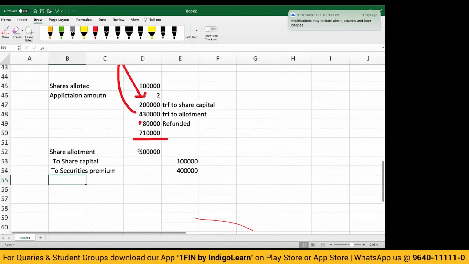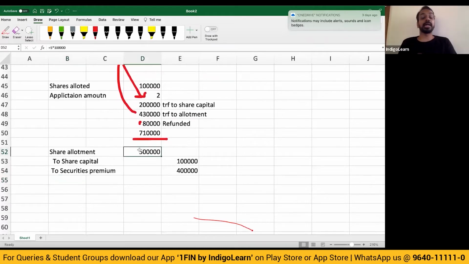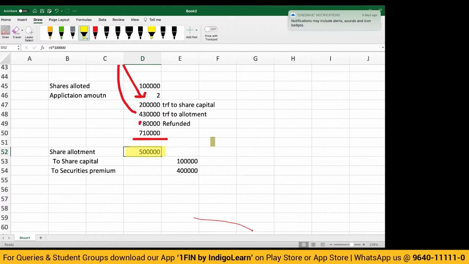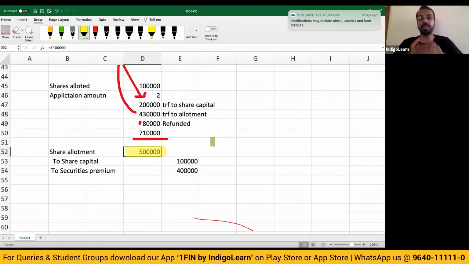Very good. So 5 lakh is due. Now, how much amount will we receive out of this 5 lakhs? How much amount will we receive at the time of allotment? 4 lakh 30,000. 430 we have already received at the time of application.